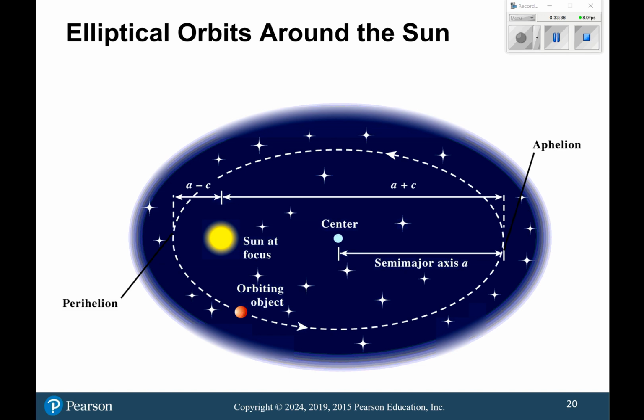Perihelion, when we're actually closest to the sun, actually happens in December. Wait a minute, we're closest to the sun, it's really cold. That's because of the tilt of our axis. We're tilted away from the sun. So, yeah, things actually heat up in the southern hemisphere in December more than things heat up in the northern hemisphere in July.